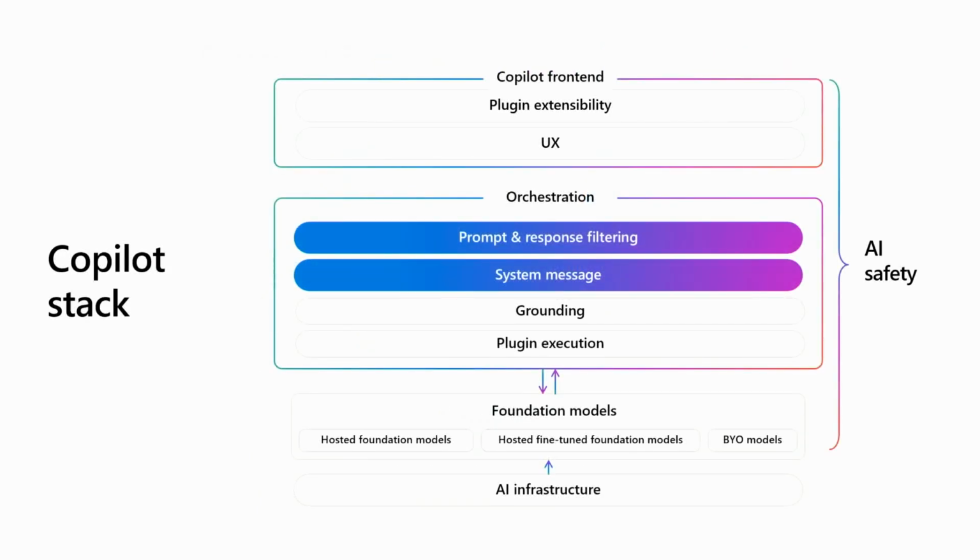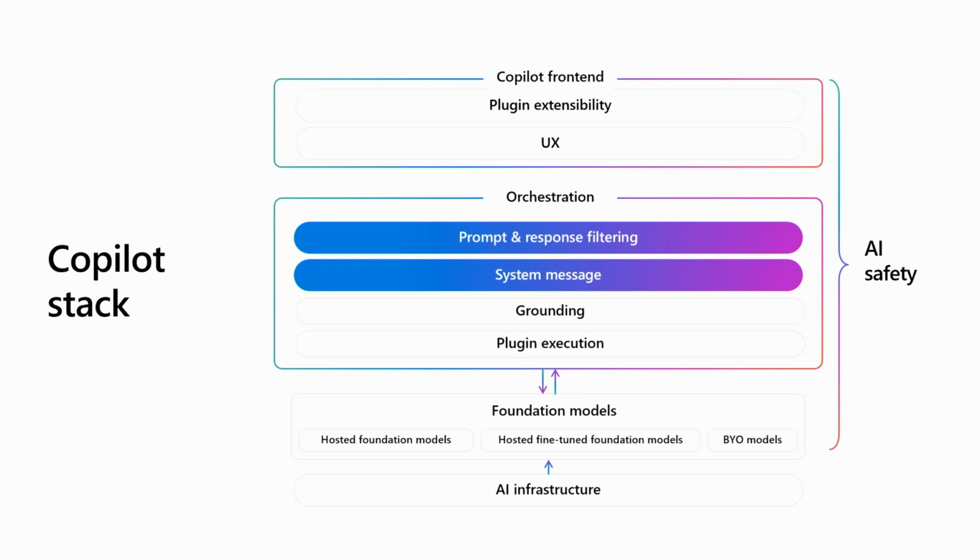Now, let's take a quick look at the Copilot stack. The Copilot stack can help you conceptualize how to bring all of these components together: next generation foundation models, safety and security, how to bring your own data, and powerful AI infrastructure.